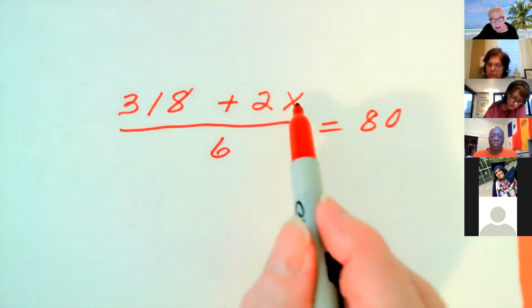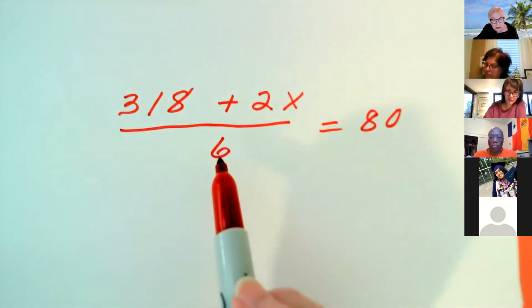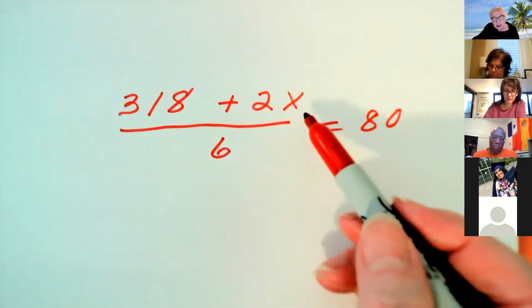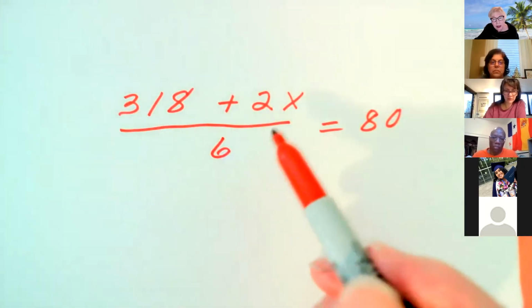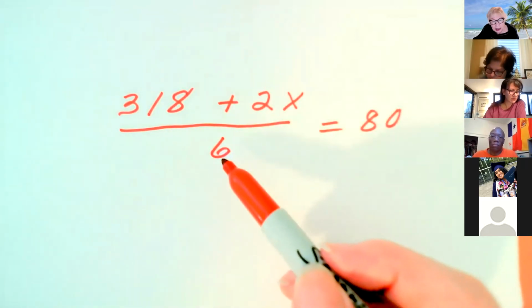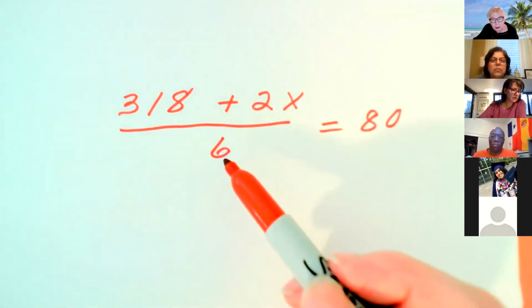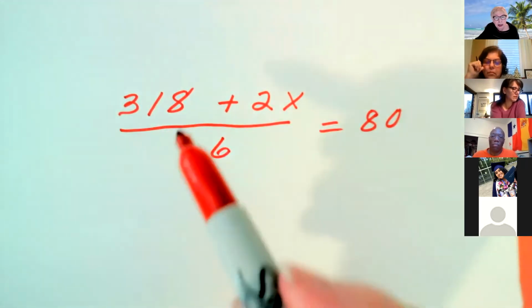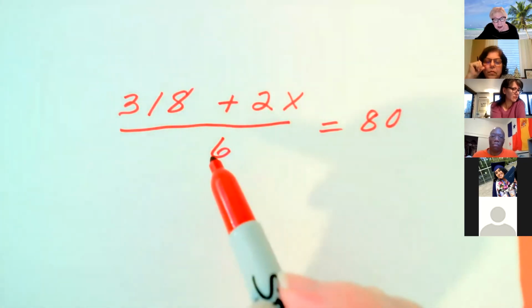I copied the plus 2x and I copied the rest of it. Now the x is over here on the left side, but the dividing by 6 is actually the biggest problem we have. And if we could get rid of the fraction, life would be good. So this is dividing by 6.